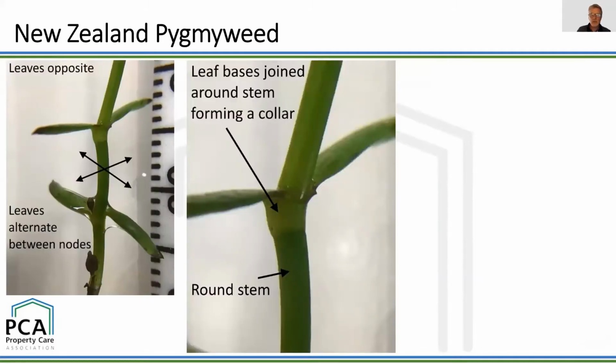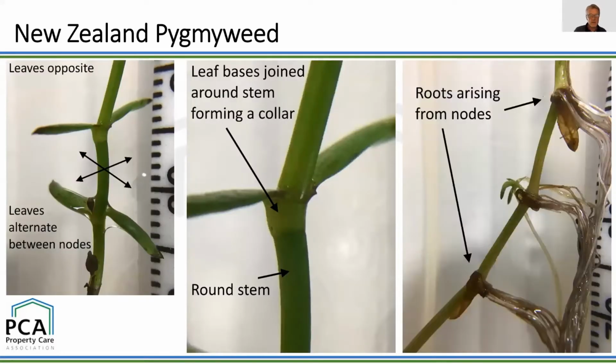Now, how to identify New Zealand pygmyweed. So what we've got here on the left, we can see that the leaves are opposite. They're in pairs, but opposite, and they cross like a cruciform, which is what we call decussate. And where the leaves join the stem, they form a collar.